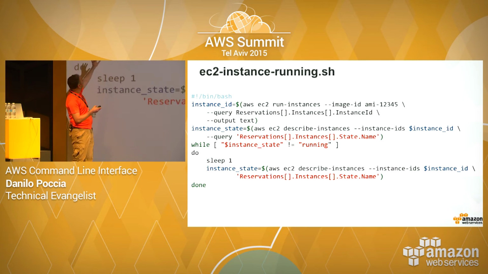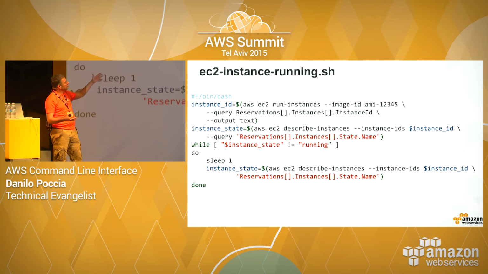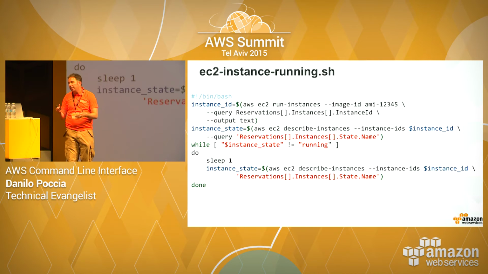So now in this new variable, instance state, you have the current state of the instance. And if the instance has just been started, it will probably still be pending. So you do a while loop. While the instance state is not running, sleep for 1, 2, 3 seconds, and then check the instance state again to see if the instance is running.